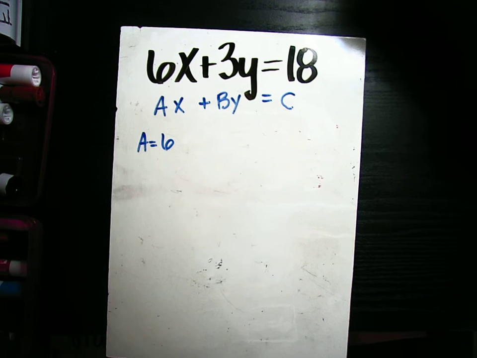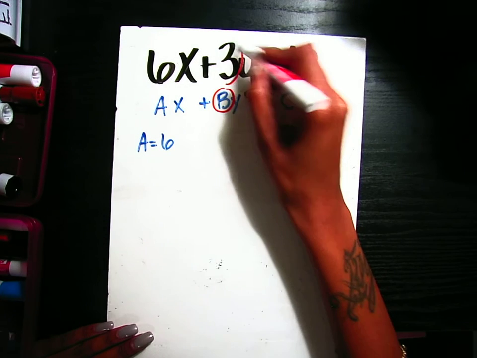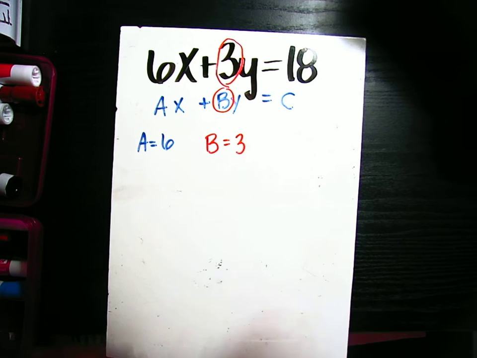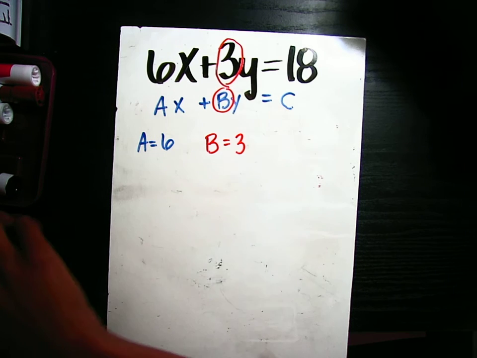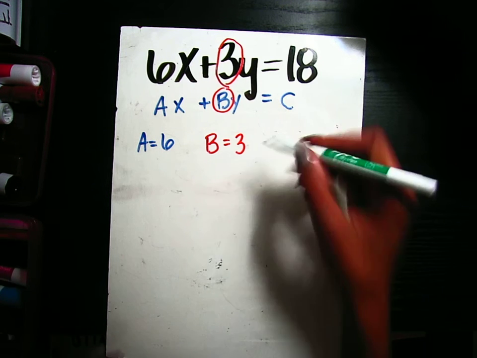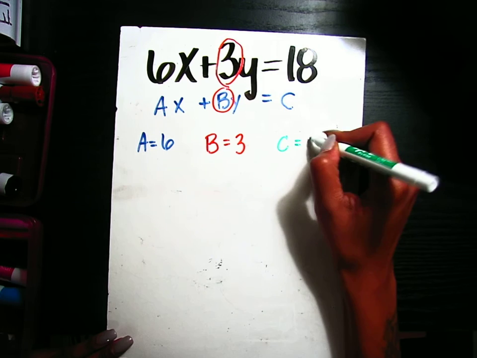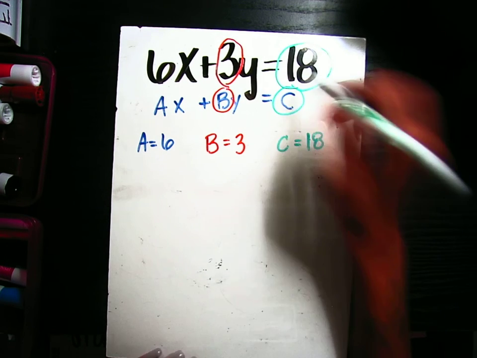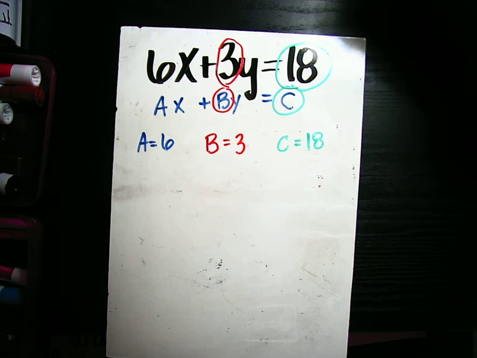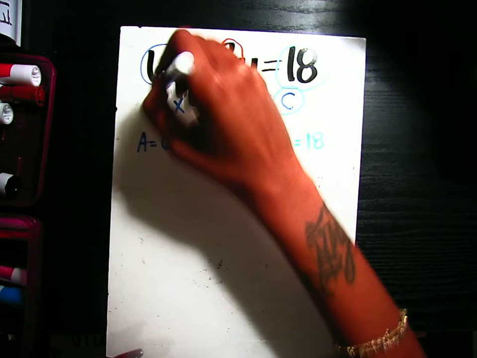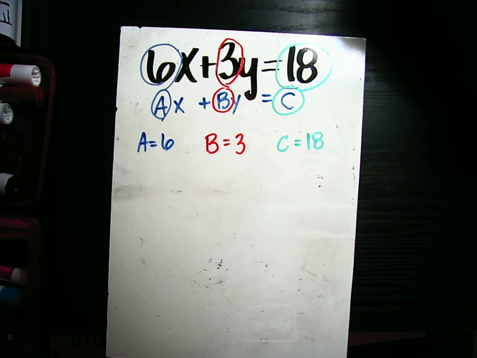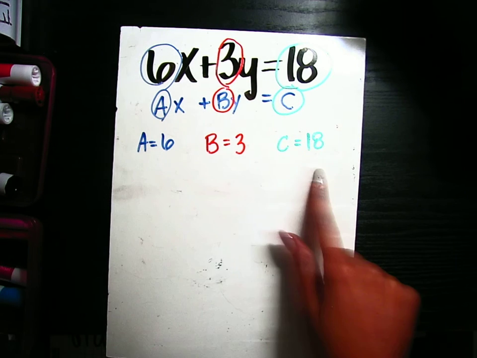B is the number in front of y, so b is equal to 3. C is the number on the other side of the equal sign, so c is equal to 18. I only got those numbers because it was written in standard form. If it was not written in standard form, there would be no need to do this.